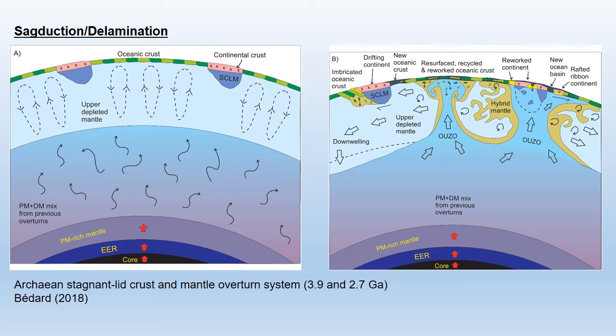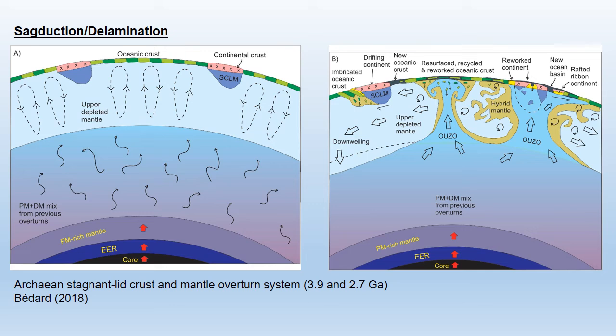For the second possibility, we have two options now. The first option is that this enrichment comes from subduction or delamination. But according to the Bédard 2018 model, delamination mainly happens for oceanic crust, and oceanic crust mainly comes from depleted mantle, so it will be depleted in the ratios we are tracking in our study.